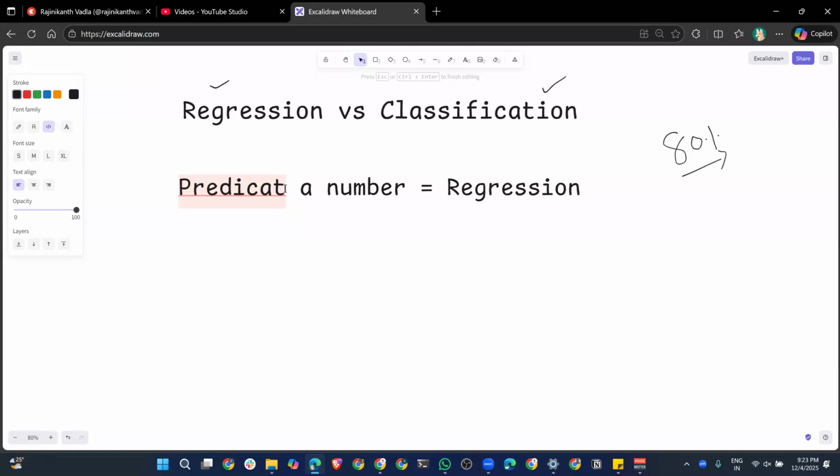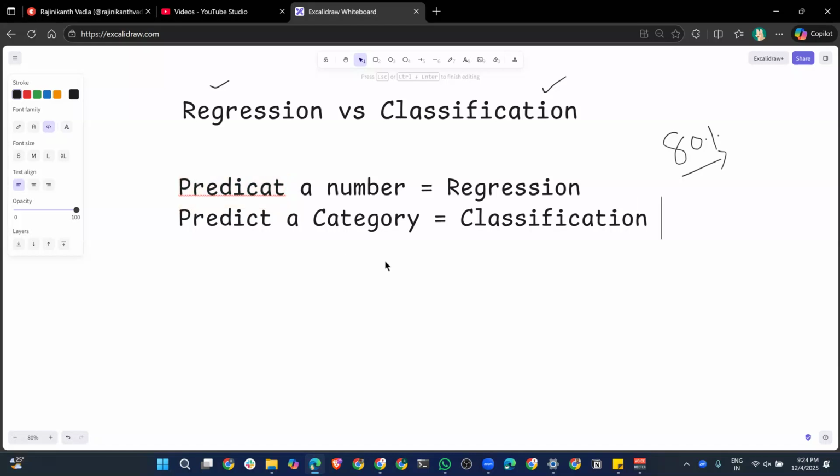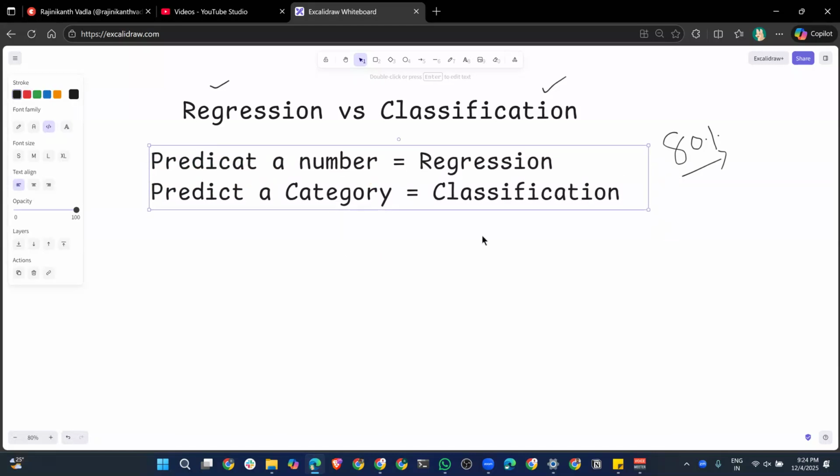And when you predict a category, then it is called classification. Simple. So when you predict the number, it is called regression. When you predict the category, it is called classification. Most of your ML use cases will revolve around these things only.